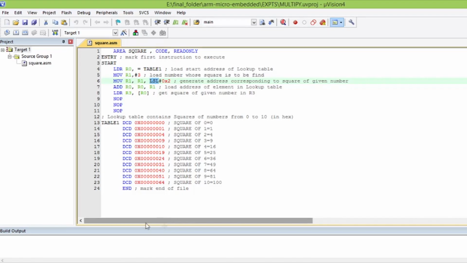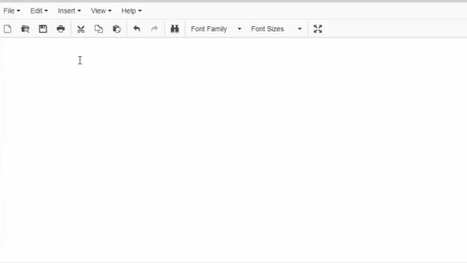What this instruction does is, for any data in R1, in our case it is 3, we want to find the square of 3. If you write 3 in binary, it is 0 0 1 1.